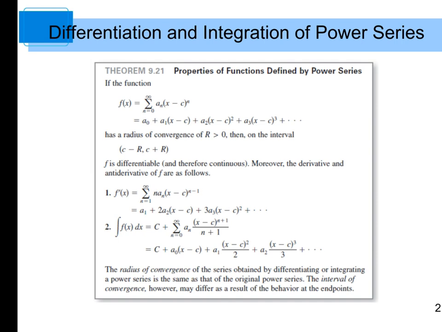So the answer is a sub 1 plus 2a sub 2 times x minus c plus 3a sub 3 times x minus c squared, and so on.